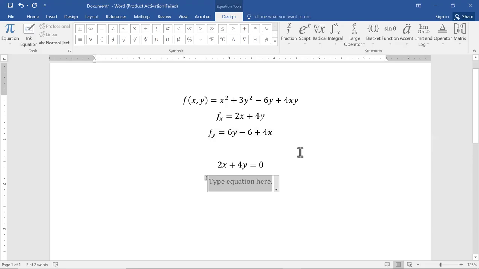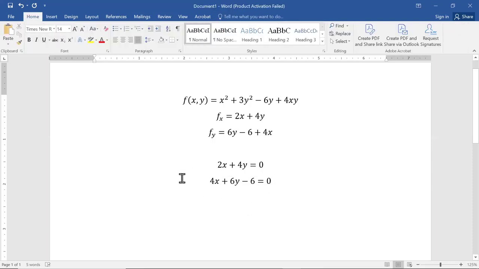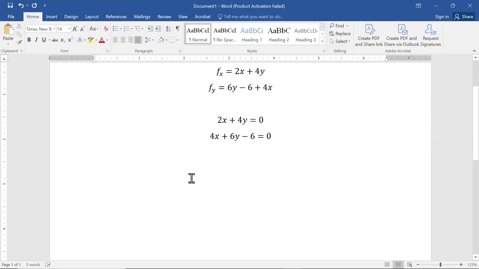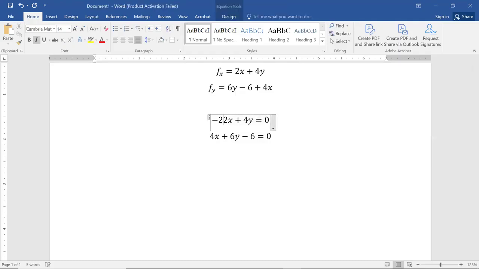I'm going to reorder that. I'm going to write 4x plus 6y minus 6 equals 0. Because what I want to do is solve this system of two equations. This is just basic solving a system of two linear equations. I need to get opposite coefficients on one of those. So I'm going to multiply this first equation by -2 on both the left and the right.